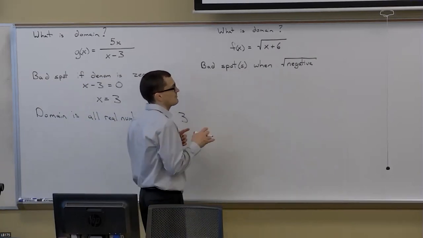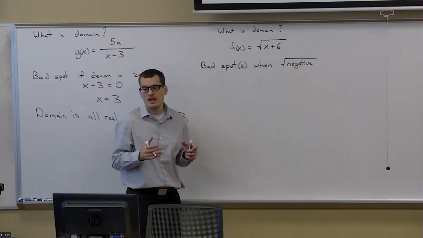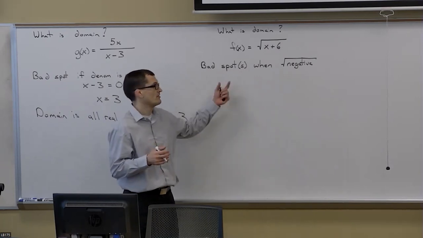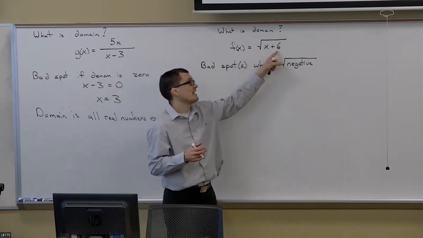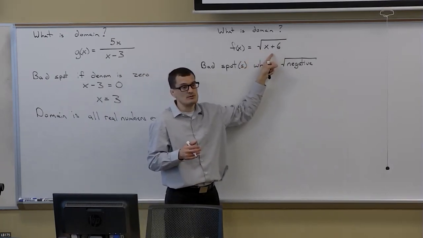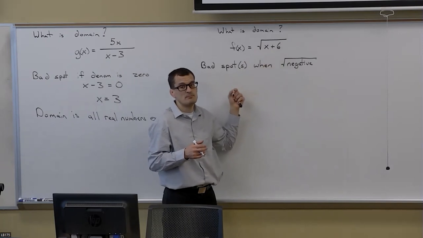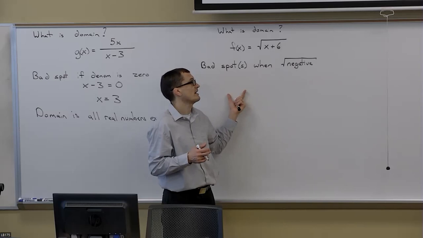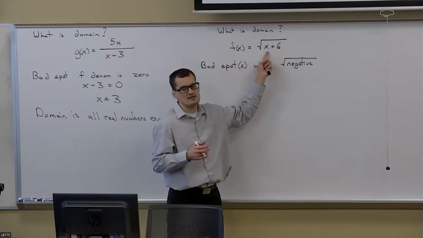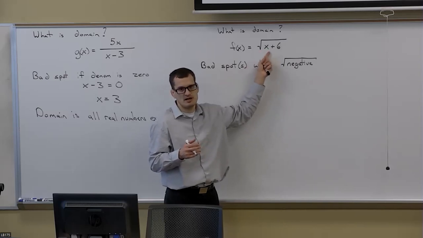Now, there's a couple of different ways to view this. I can say, well, I want the thing underneath the root to be positive. Or I should say 0 or above, not necessarily positive. 0 is okay.